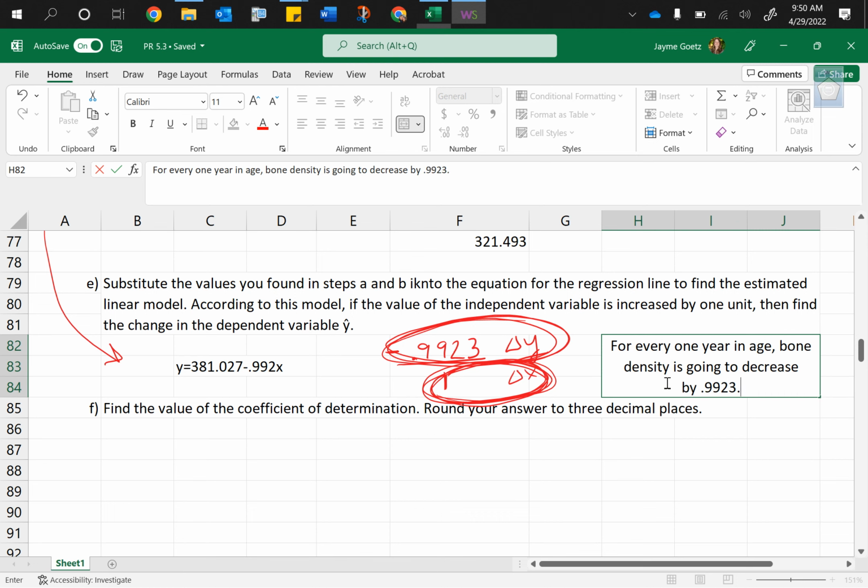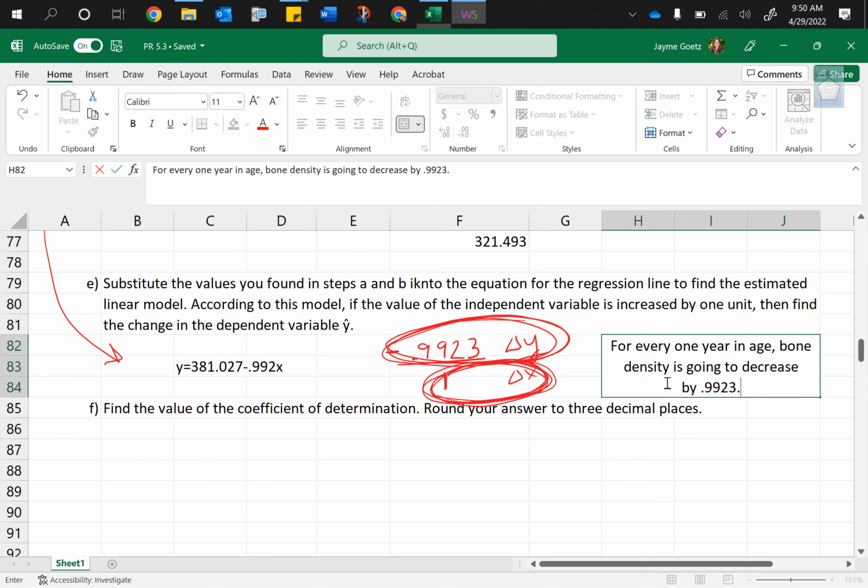That is all that question is asking. It's a very complicated way of saying explain the slope to us. So for every 1 unit that we're increasing in the independent variable, what's happening to the dependent variable? That's just our slope. For every 1 year in age, bone density is going down by 0.9923.